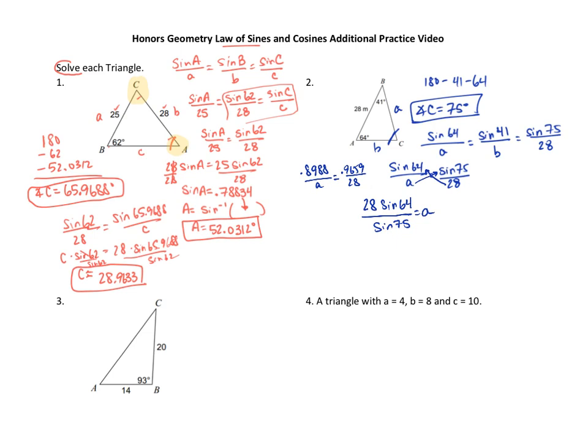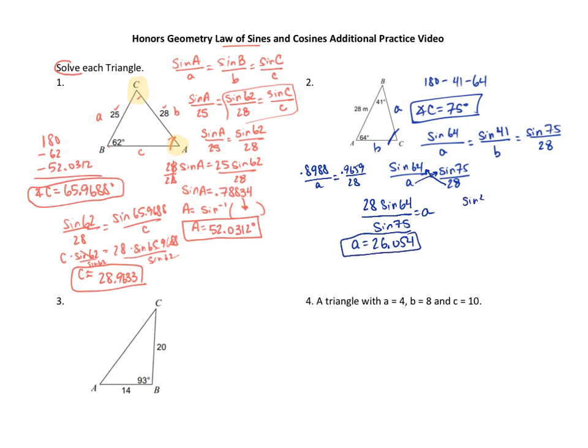It doesn't matter. So in the end, you'll get 28 sine 64, and then you're going to divide that answer by the sine of 75, and you'll get the value for A as being 26.054.